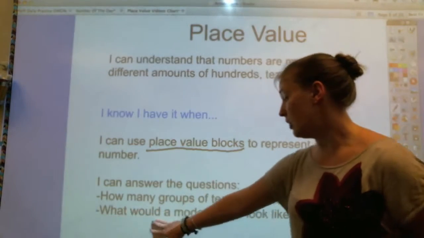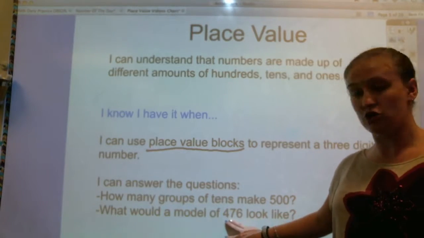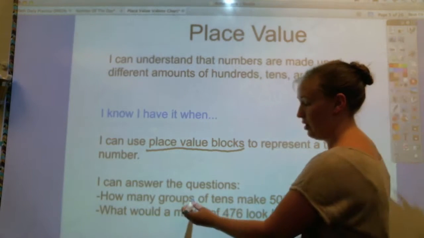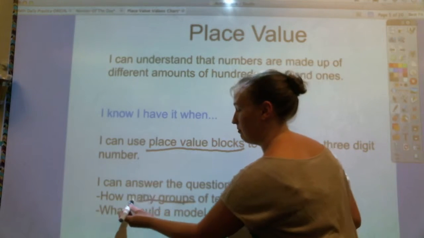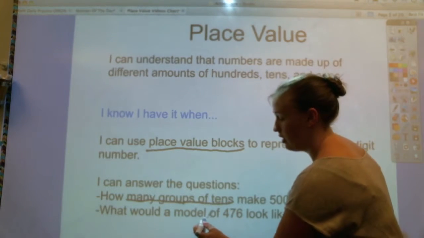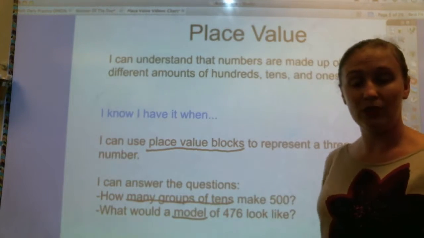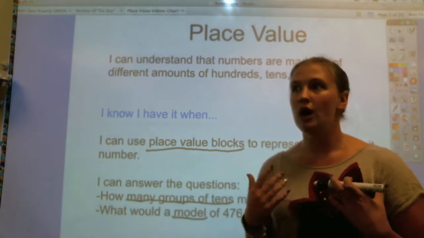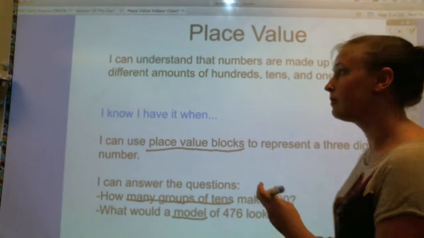And what would a model of 476 look like? So I need to know groups of 10, and I need to know a model. A model is a way to represent a number, so a picture, for example.